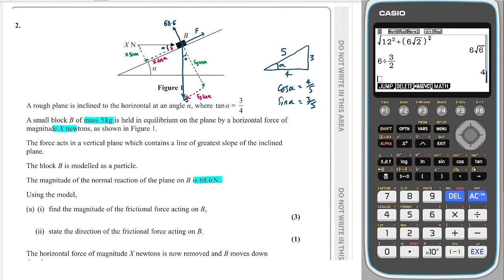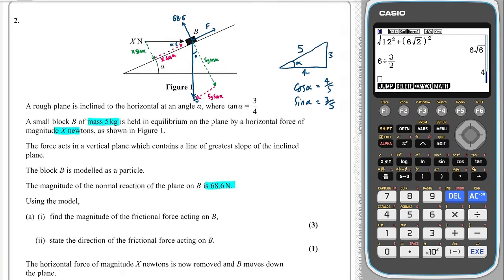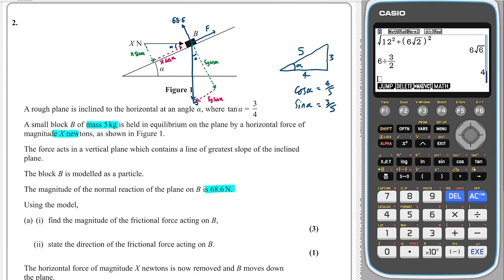And let's now answer the question. The question is, find the magnitude of the frictional force. Well, the frictional force is acting parallel to the slope.